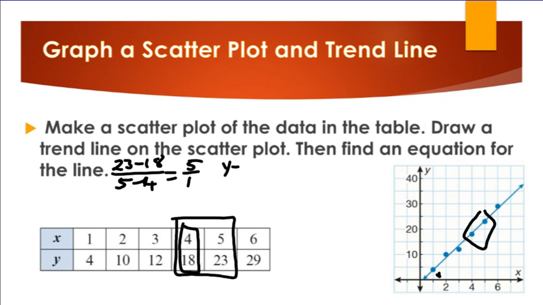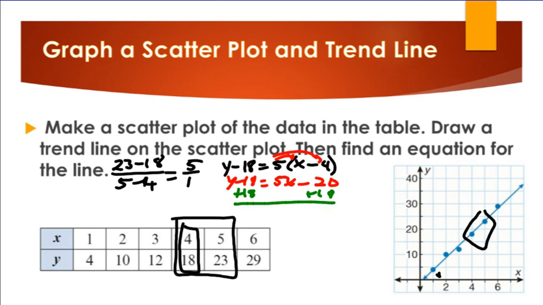So I have y minus 18 equals 5, our slope, times x minus our x term, which is 4. Distribute the 5, and I get y minus 18 equals 5x minus 20. To get y by itself, I add 18 to both sides, and I get y equaling 5x minus 2.